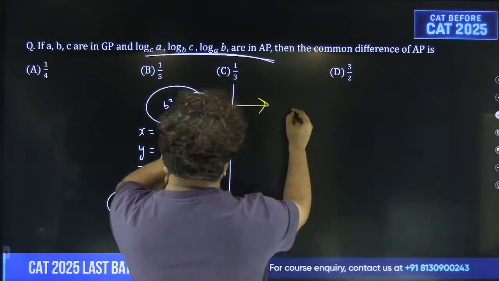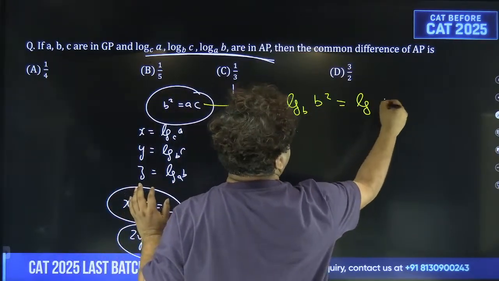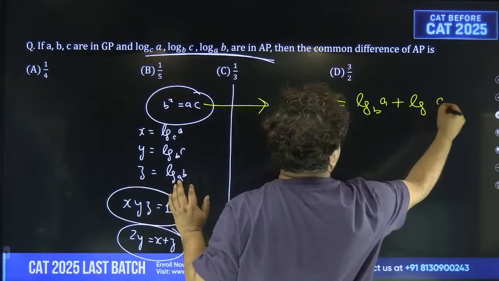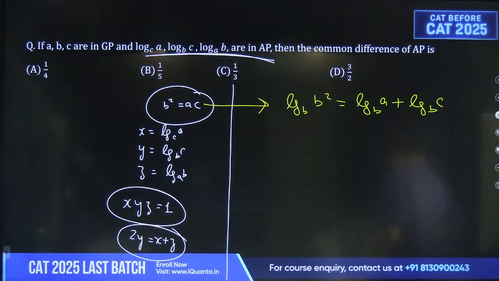If I take log on both the sides at base B, log B square at base B, I'll get log A base B plus log C base B. Is that right? Okay.